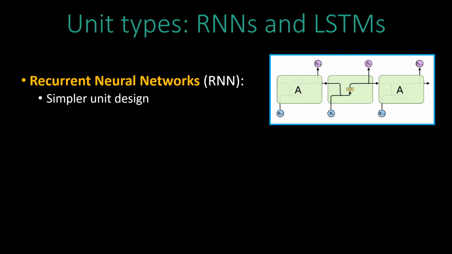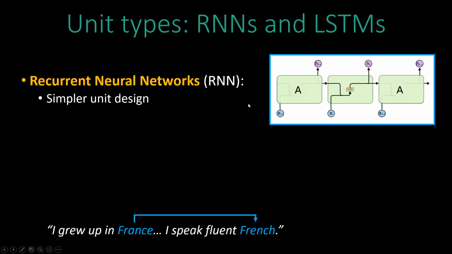Similar stuff is happening here, but we are not only outputting that information, we are also keeping that information for the next iteration of the same unit. Okay, so this is a simpler unit design, because it turns out that if there is a long-term dependence in the data that we are feeding it, this unit will more or less fail. So let's see what that actually means.